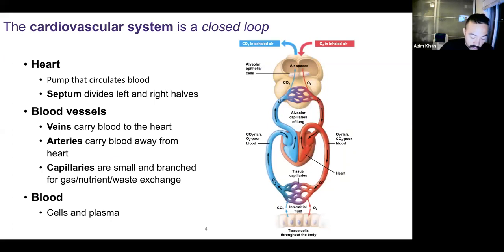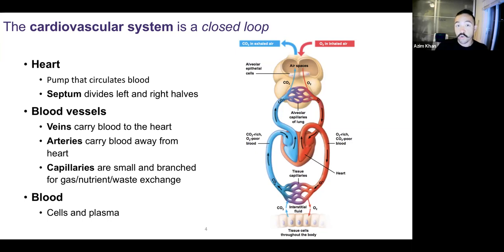Brief intro to the whole cardiovascular system. We've been talking about blood, but now with all the parts together. In humans, it's a closed loop. You can talk more if you get to Gen Bio about the different types of circulatory systems. It's pretty cool. But what I mean here by a closed loop is that normally all the blood in your body is contained within blood vessels or within the heart.